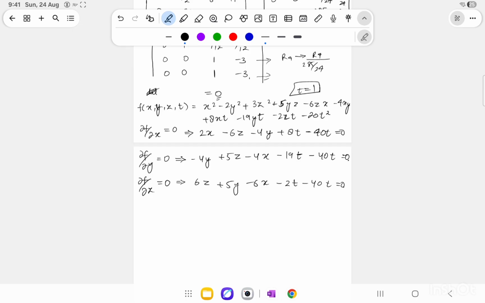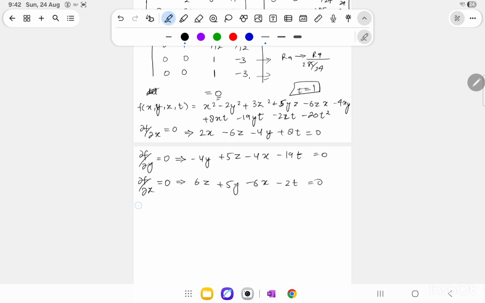And the fourth one I'll get as, I guess I'm doing something incorrect. Yeah, when I'm differentiating it with respect to t, I won't be getting these terms. So this is basically equals to 0.